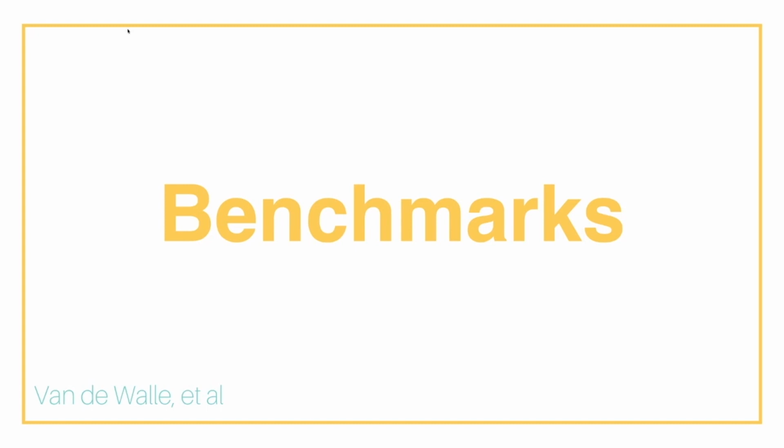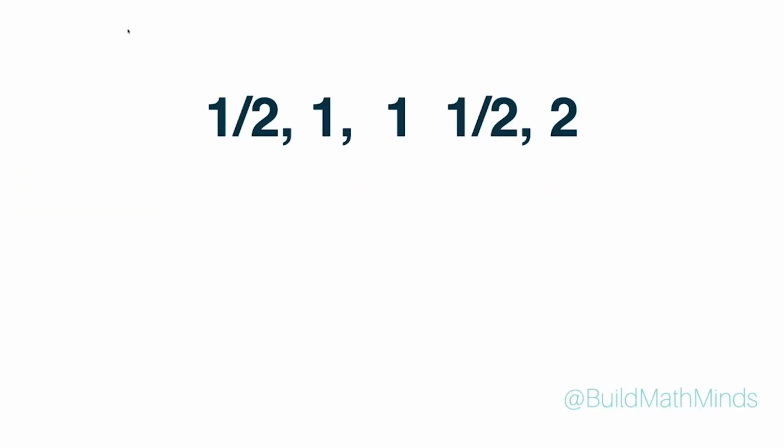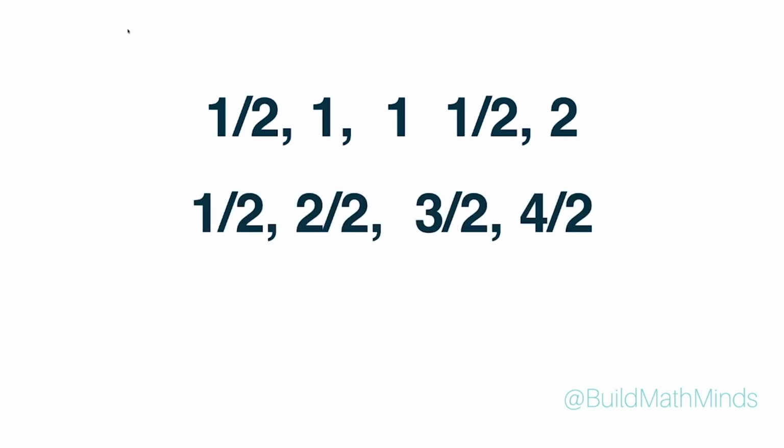Another number sense relationship we need to build is the benchmarks. In the early years, it's like the benchmarks of 5 and 10 and 50 and 100. But when it comes to fractions, we need to build their relationships to half and a whole. So 1/2, 1, 1.5, 2, 2.5, 3, right? All of those, but also the equivalents of those, that it's not just 1/2 and 1, it's 1/2 and it could be 2 halves, then 3 halves, then 4 halves.